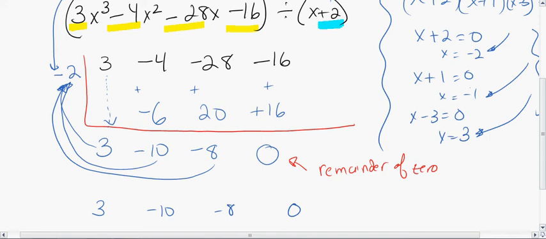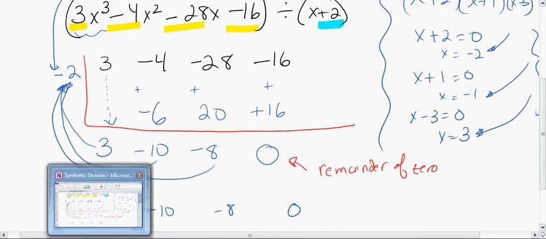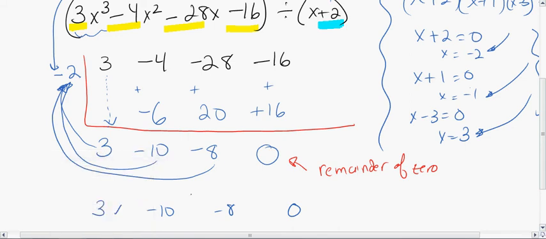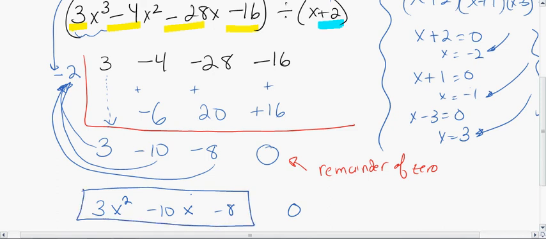So if I've started off with an x cubed up here, my answer is actually going to be an x squared when I'm done. So this becomes x squared, and -10, that's going to be in my x spot. And then -8 is just my number. That 0 is my remainder, which means I don't actually have a remainder. And there's my answer.